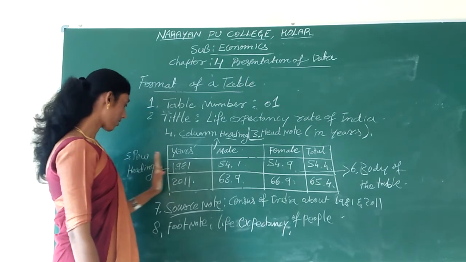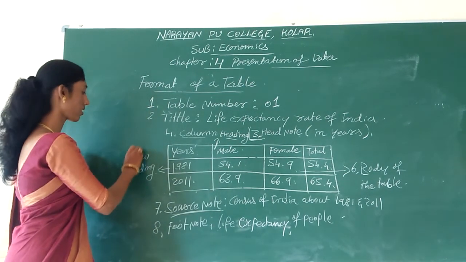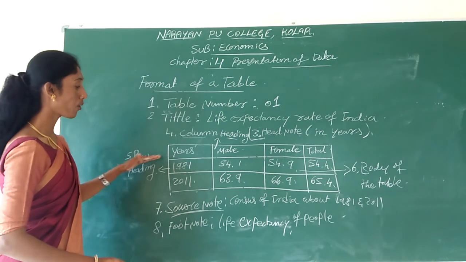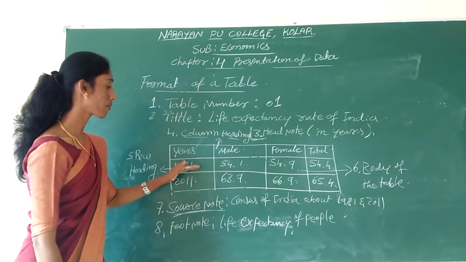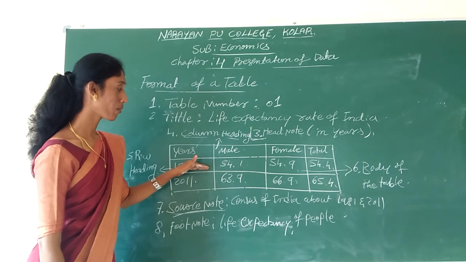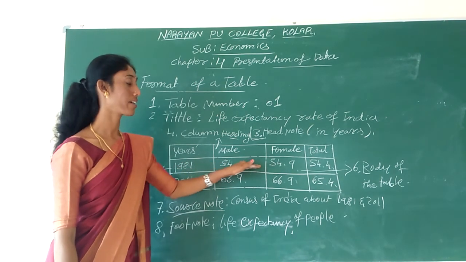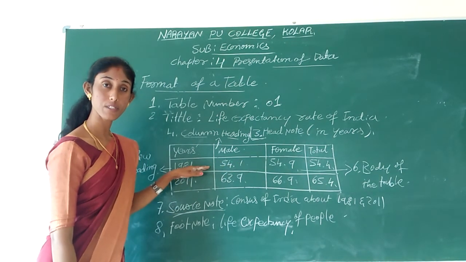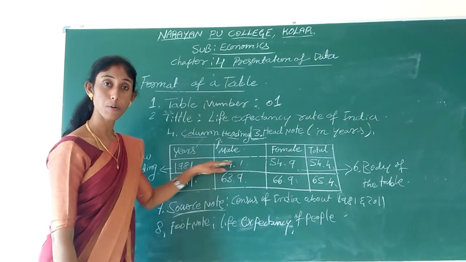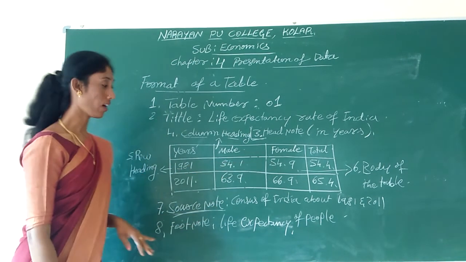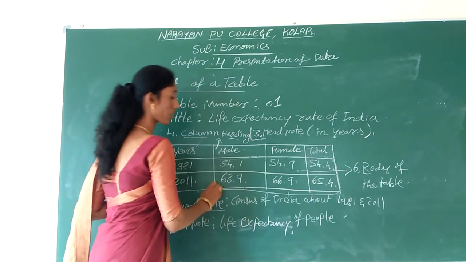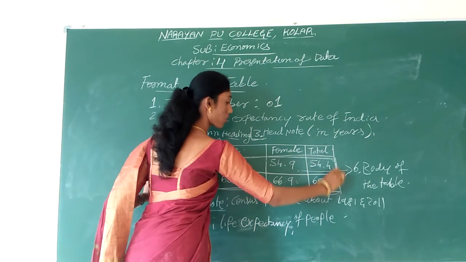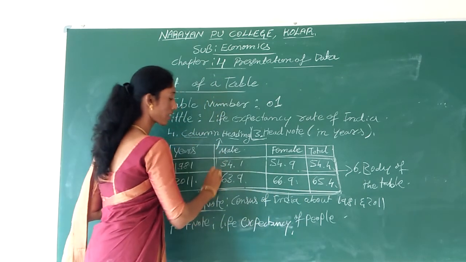And the next part is the row heading. Row headings are the extreme left part of a table, and they explain the information relating to the entire row. And next is the main part of a table, that is the body of a table. These are the numerical values which we have entered in the table.